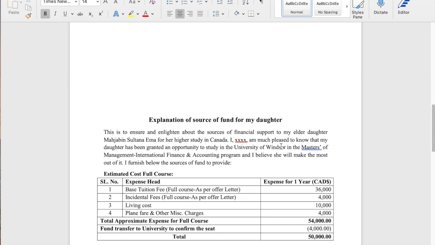You will be writing this explanation letter after you have collected all the financial documents. So you will have your bank statements, your solvency letters, CA Farm evaluations, and all the fixed asset agreements in your hand.